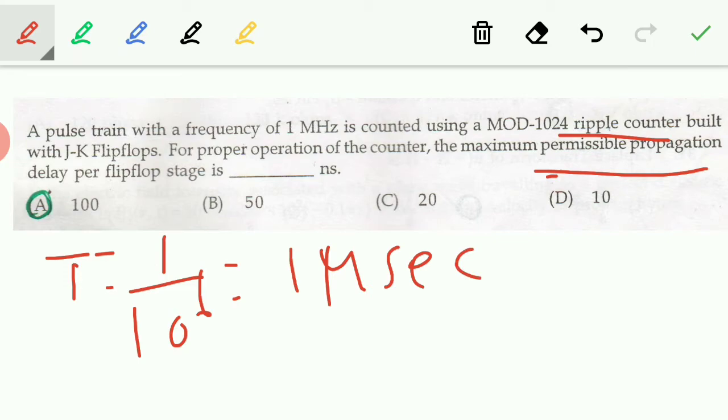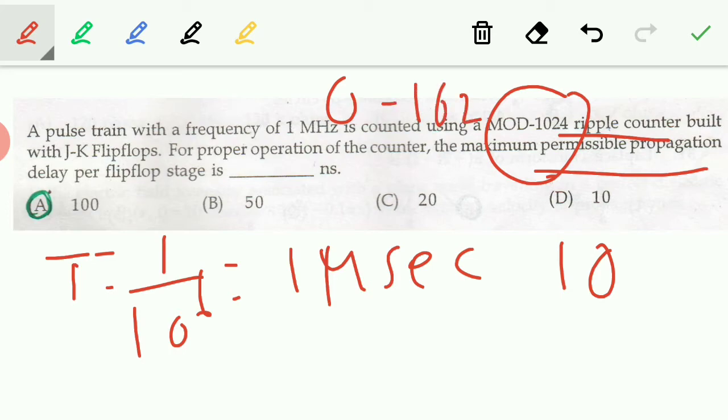For the mod 1024 counter, we need 10 flip-flops. 1024 means it has 1024 states, that means it can count from 0 to 1023. In order to count 0 to 1023, I need 10 flip-flops.